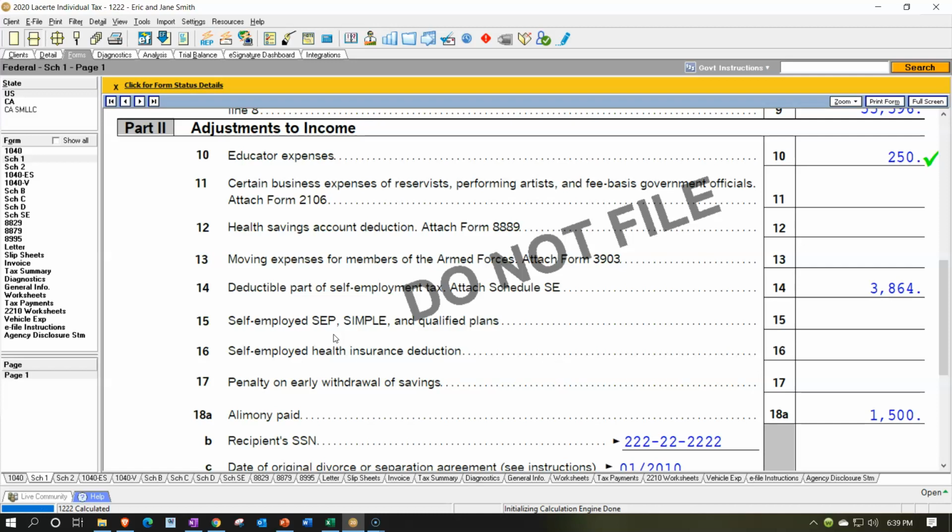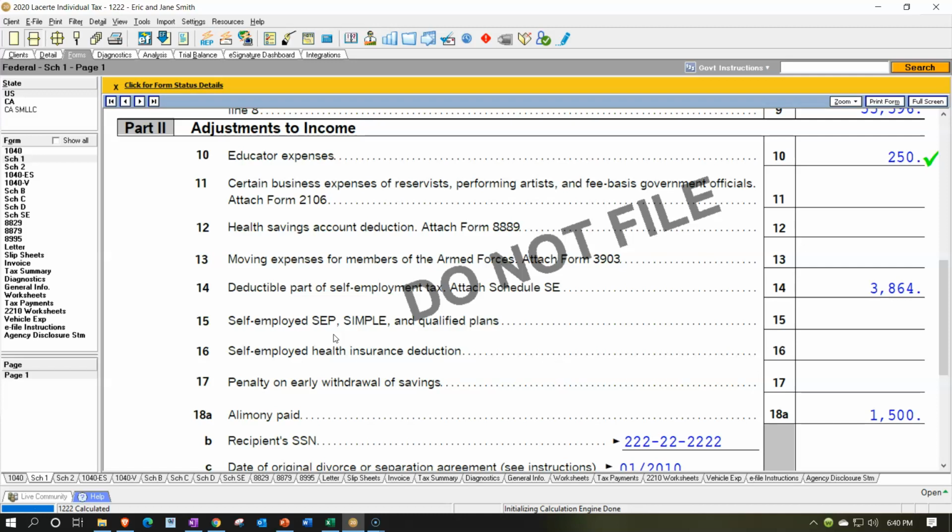Now, if you're in a situation like this, where the Schedule C business has no employees, then the reason to set up a SEP or SIMPLE is simply to increase the amount of money you might be able to put into a retirement plan. So that's another thing to consider. Can you set up a SEP or SIMPLE and possibly be able to put more money into a retirement plan and save money that way?